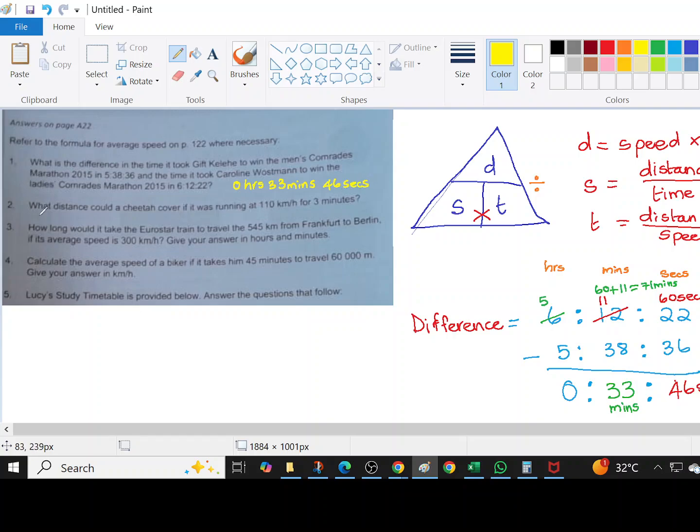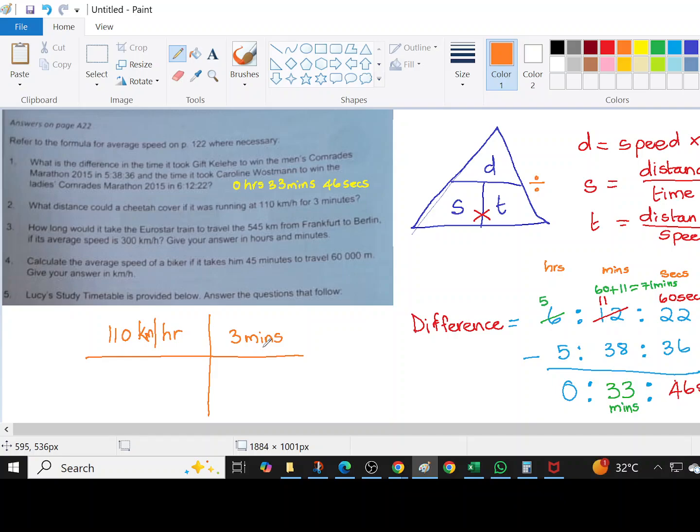Right. What distance could a cheetah cover if it was running at 110 kilometers per hour for 3 minutes? Okay. What distance would it cover? So now the cheetah covers 110 kilometers per hour in 3 minutes.